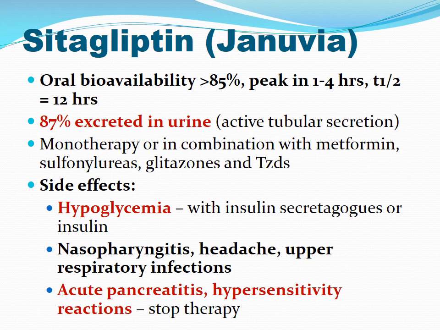Can be used as a monotherapy or in combination with metformin, sulfonylurea, and thiazolidinediones. Side effects: hypoglycemia with insulin secretagogues or insulin, nasopharyngitis, headache, upper respiratory tract infections, acute pancreatitis, hypersensitivity reactions. If these occur, stop therapy with this drug.